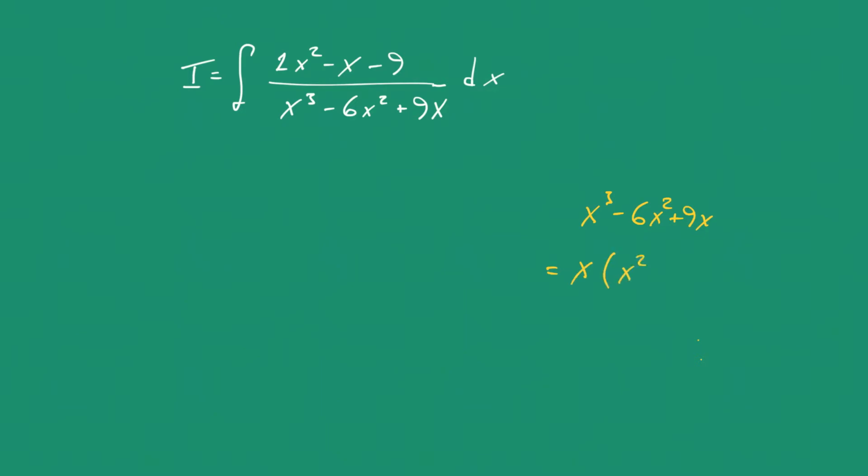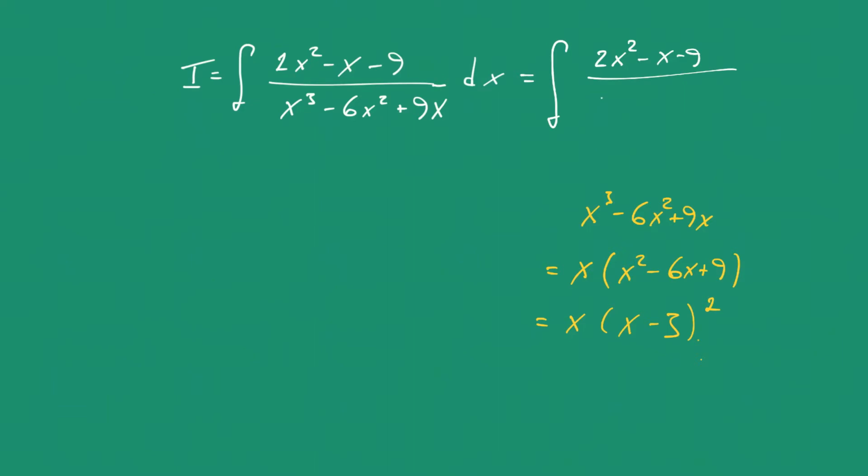We'll be left with x squared minus 6x plus 9. And this is x times, check, x minus 3 all squared. So now, having factored the denominator, let's rewrite this as the integral of 2x squared minus x minus 9 over x times x minus 3 all squared dx.